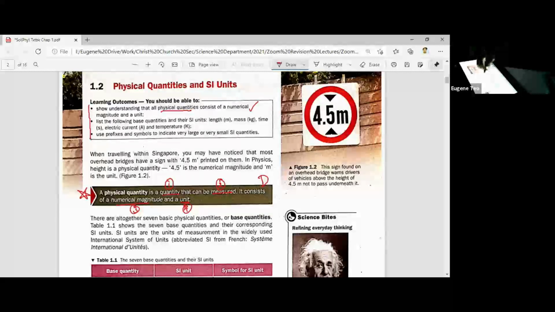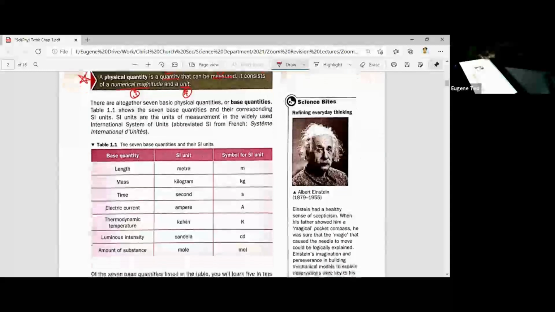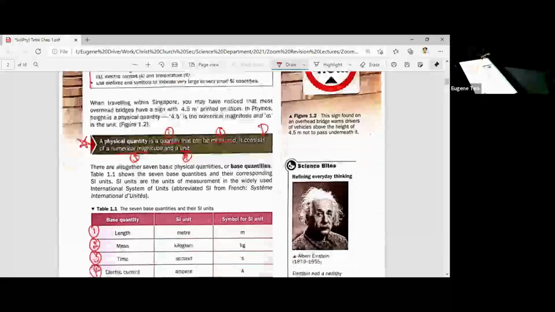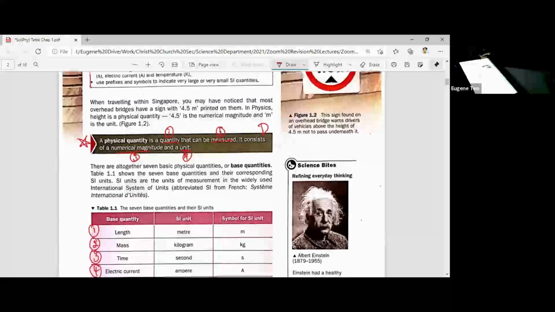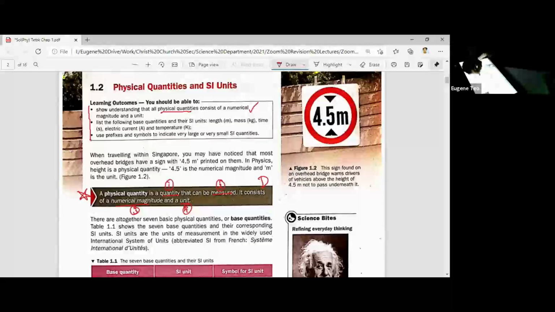Now, the next one that we're going to go into is to list the base quantities and their SI units. How many base quantities do we see here? We have 1, 2, 3, 4, 5, 6, 7. So there are 7 base quantities indicated in the textbook. However, if you look at this specifically, they are only looking at length, mass, time, electric current, and temperature.